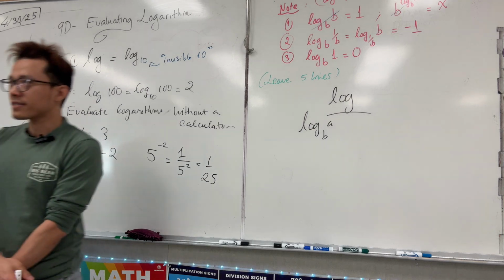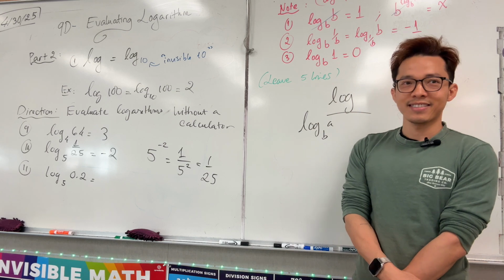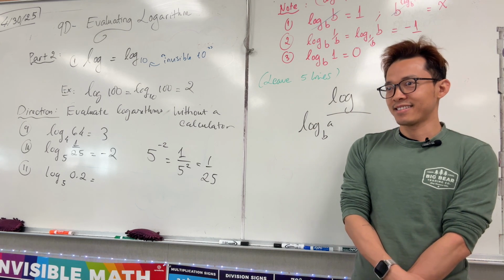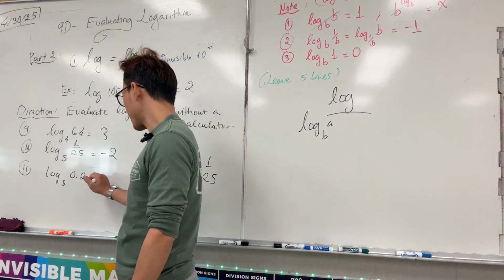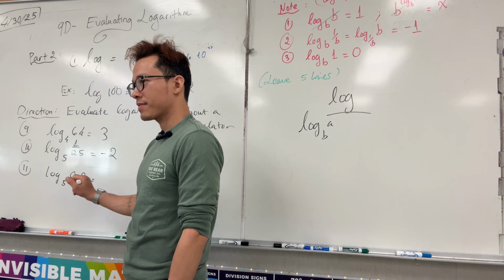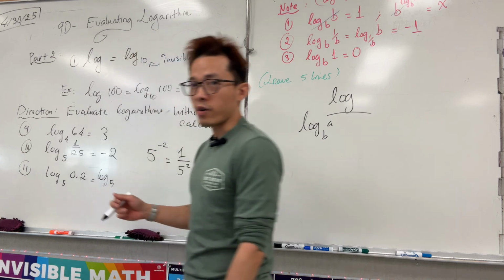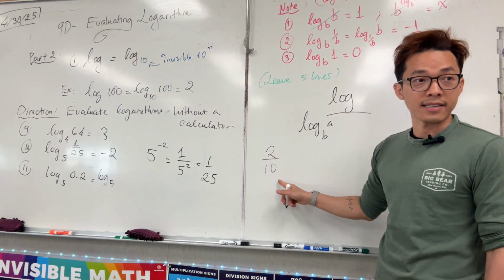Raise your hand. Anyone else? New people? Listen. Why -1? So 0.2, if you don't know how to convert it, you can think about this. 0.2 is 2 over 10.